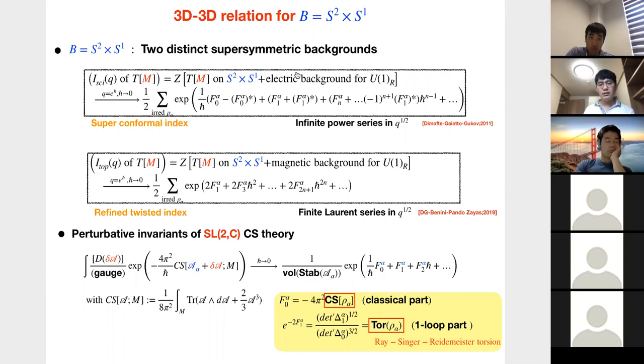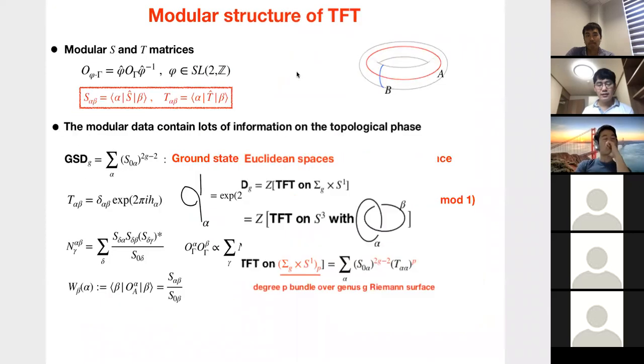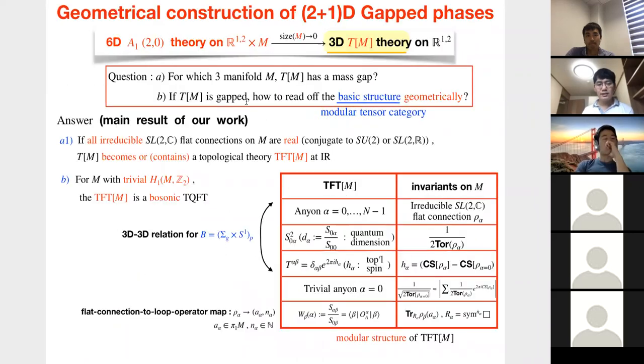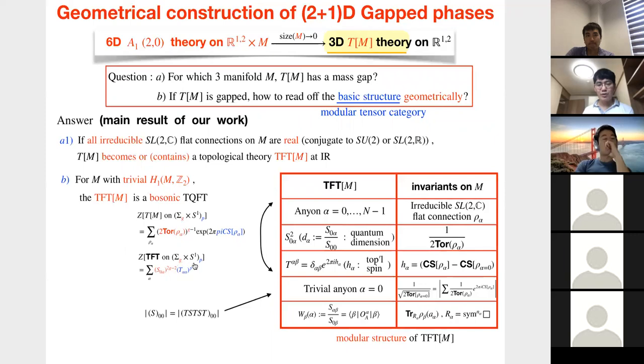Is the 3D relation necessary to derive this? Yes, it's very necessary because I derived this dictionary using this, which I call the 3D relation.